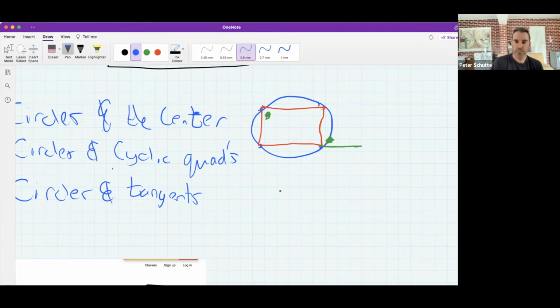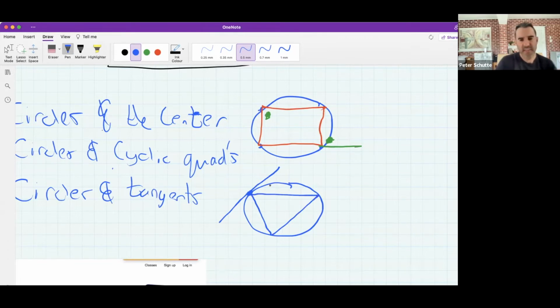And then the last group deals with circles and tangents. And a tangent is just a line that touches a circle in one place. And then the theorems also have to do with like the point of tangency. And then normally there's something called a chord. And then this chord makes an angle, or the fancy word is subtends an angle, at the circumference in the circle.